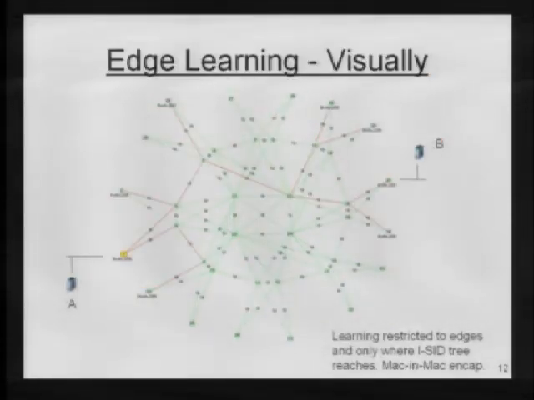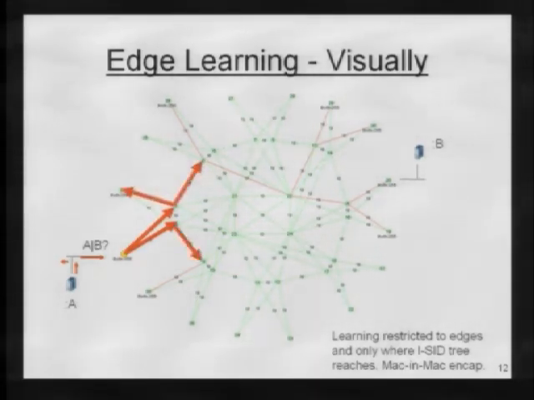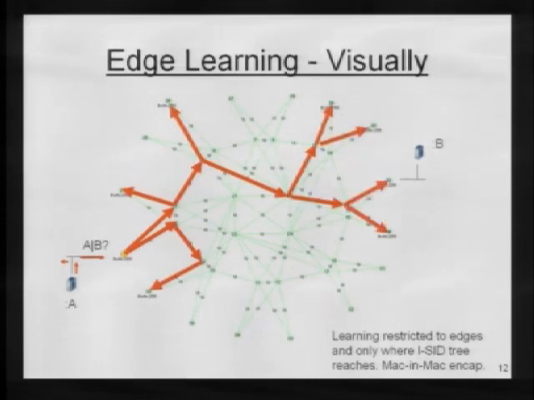And so what this translates to in terms of learning, the actual data flow: an unknown unicast or a multicast packet originating from node A connected to some LAN hanging off node 1, destined to B off node 20, results in a multicast packet within the SPB network, being multicast only on this tree, only to the other members.